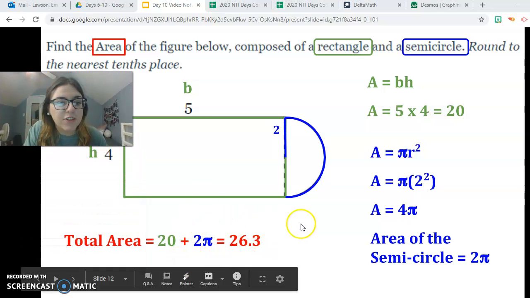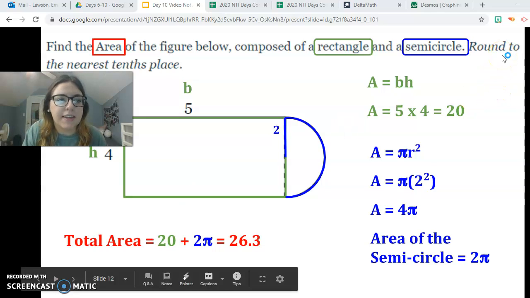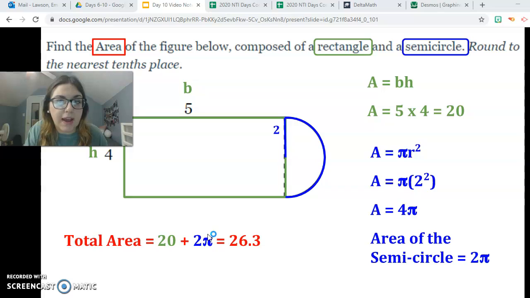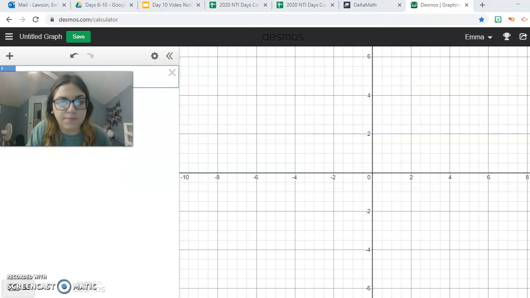To find the total area, all I'm going to do is add those together. We have to round it to the nearest tenth place. To add them together, for those of you who do not have a calculator at home, we're adding 20 plus 2 pi. So I'm going to go to Desmos.